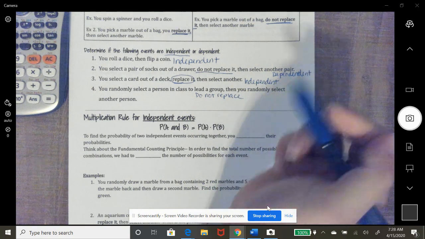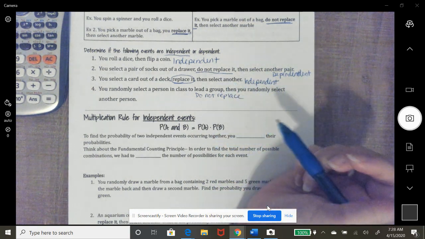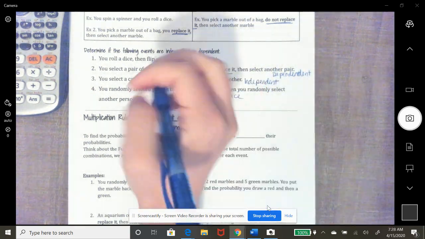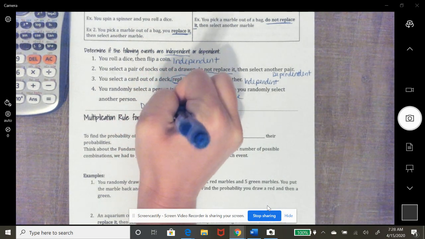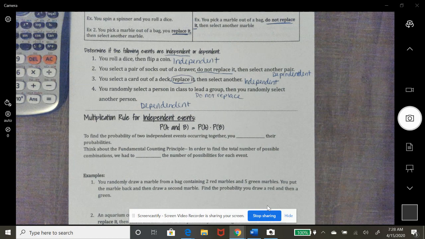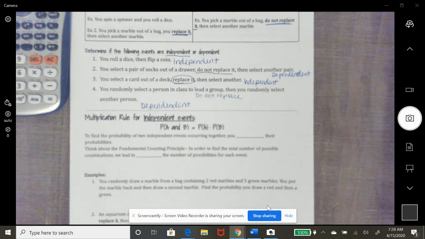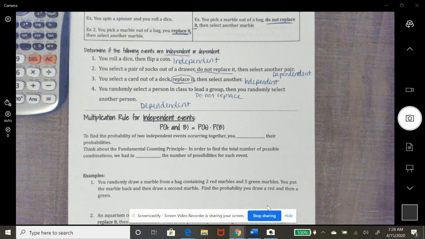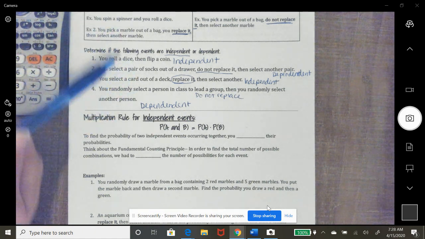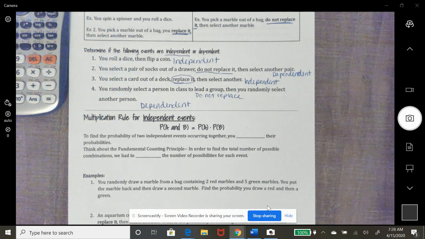That person's already been chosen, so they're not an option the second time. So that is dependent. Because if I choose Mark to lead group 1, I can't choose Mark again to lead group 2. What I choose in the first one affects what happens in my second choice. So look for those keywords. It should follow one of these examples to determine if it's independent or dependent.